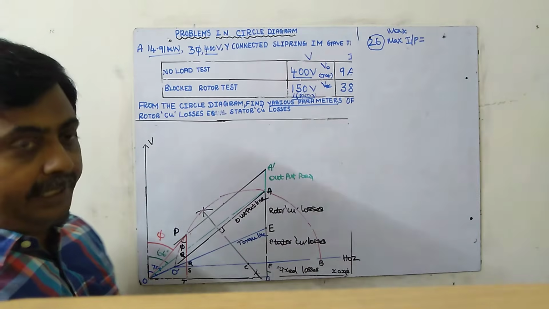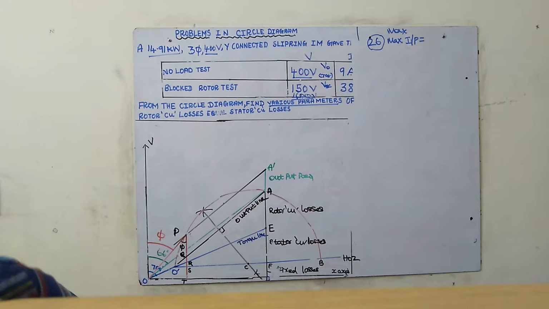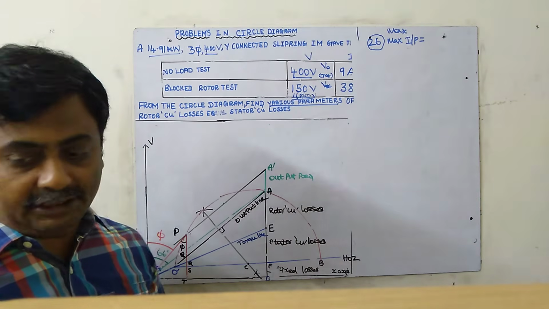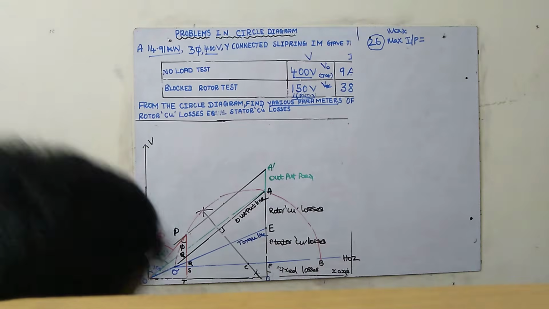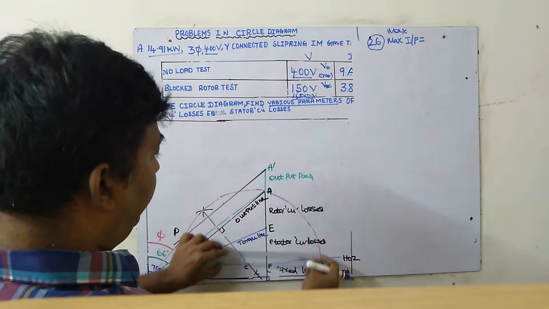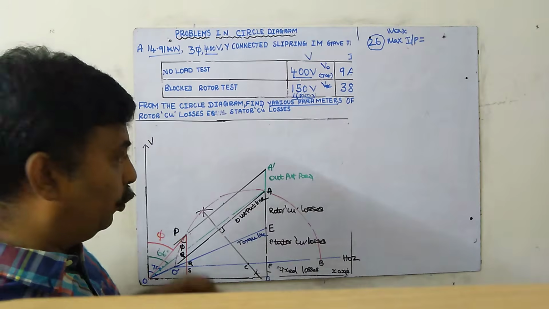The highest point in the semicircle represents the maximum output. Which is the highest point? From the x-axis we have to go up to the highest point of the semicircle and measure it from the x-axis. Since we are using a graph, no issue.